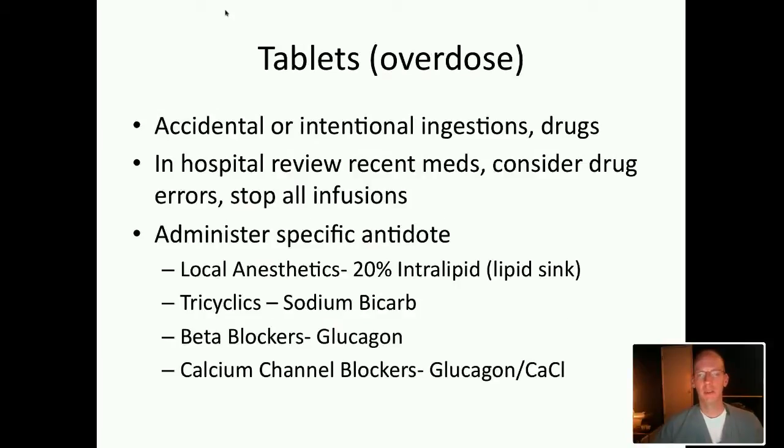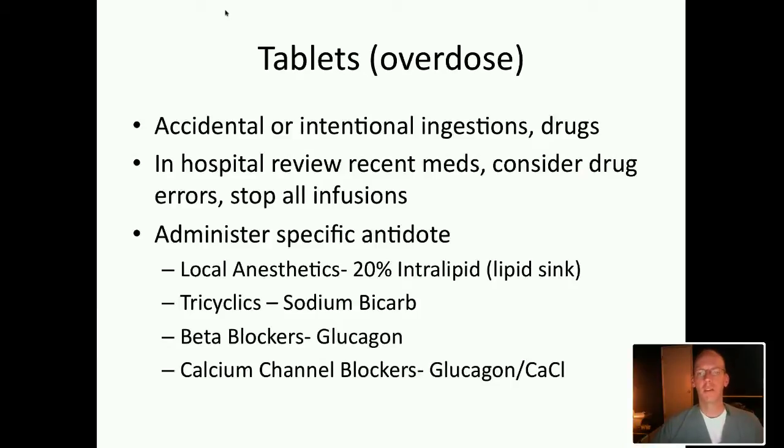Tablets, as we talked about: overdose, whether accidental or intentional ingestion of drugs, both prescribed or illicit. In a hospital setting, you want to review what the patient's been receiving. Consider drug errors, because if it's not adding up, maybe the patient got the wrong drug. If you're in an intensive care unit or in a setting where the patient's receiving intravenous medications or infusions, you want to stop all those infusions, because maybe it's a drug swap or maybe one infusion was misprogrammed.